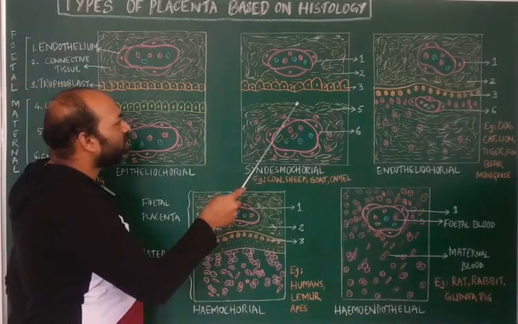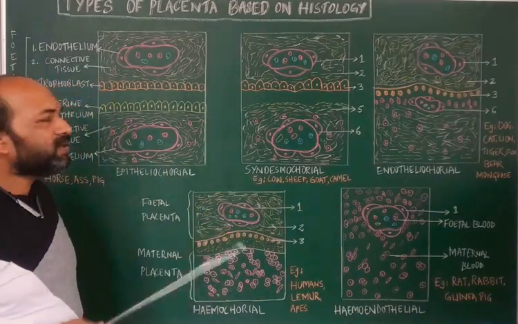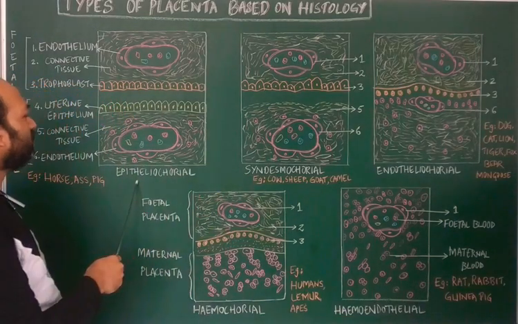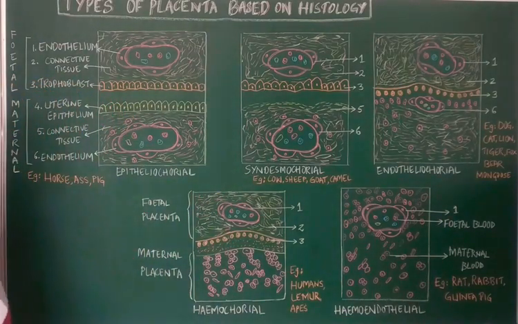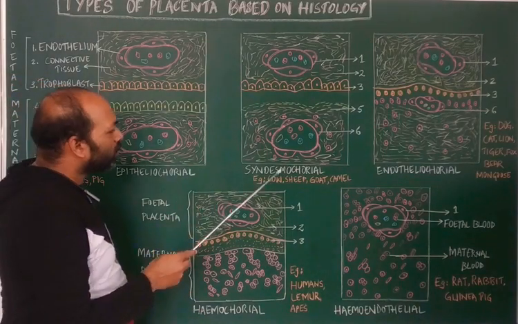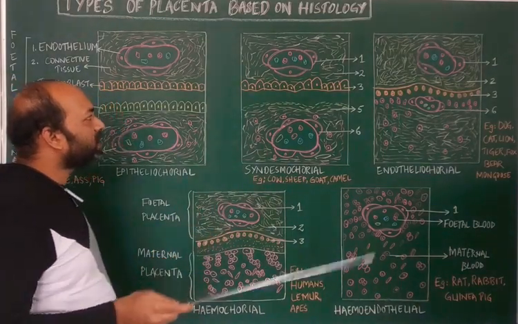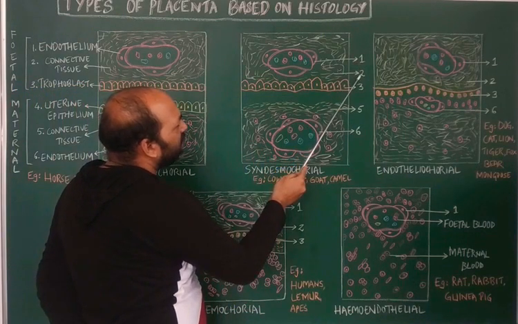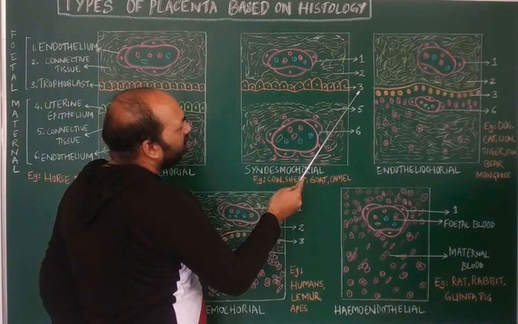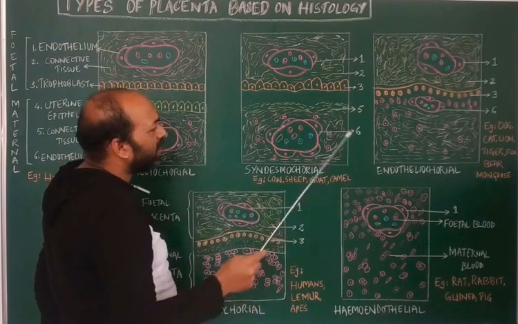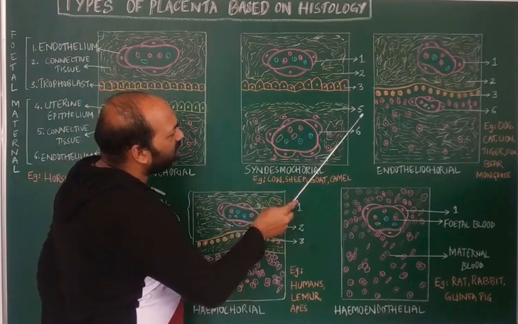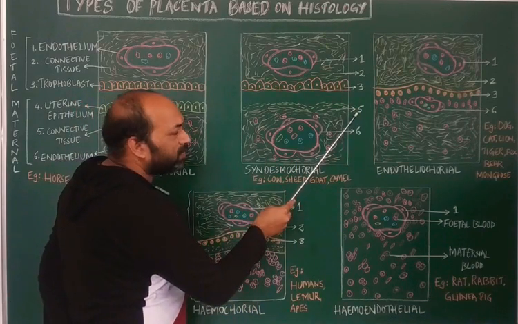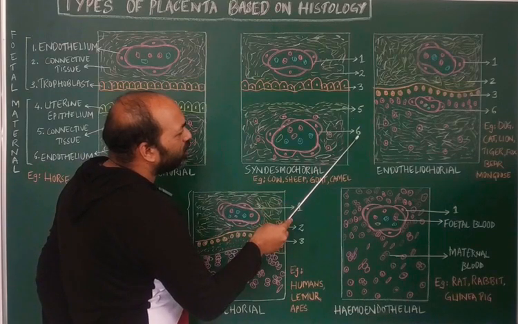So diffusion of substances may occur even faster compared to Epitheliochorial placenta. It consists of the endothelium of the fetus, connective tissue of the fetus, and the chorion of the fetus, and in the maternal part the connective tissue and the endothelium.